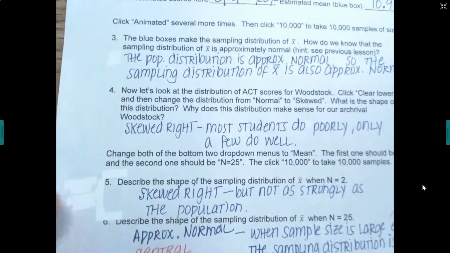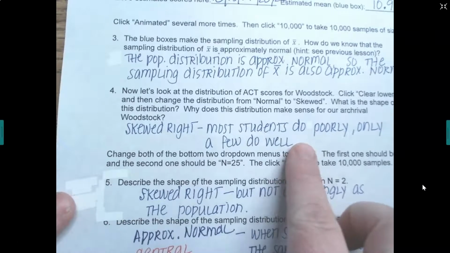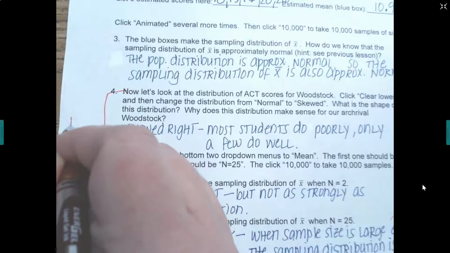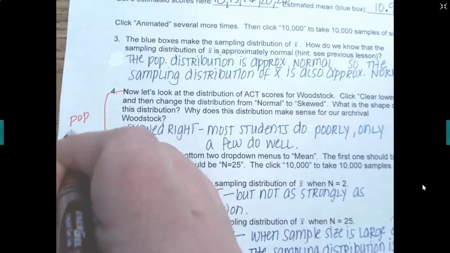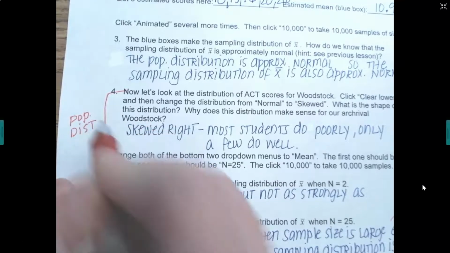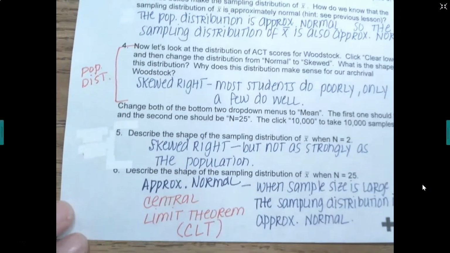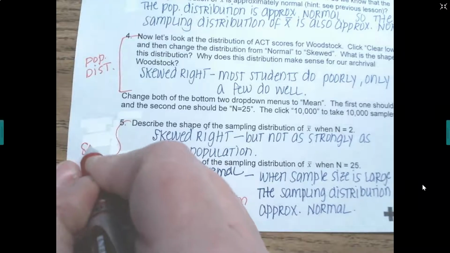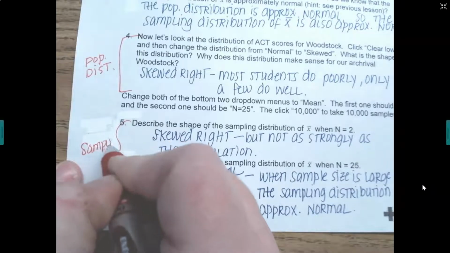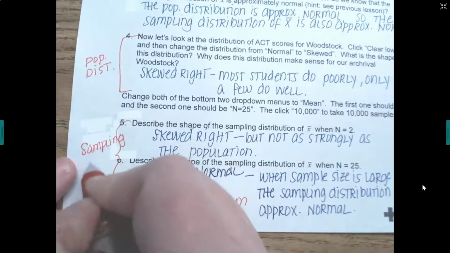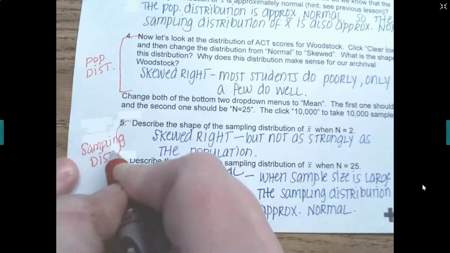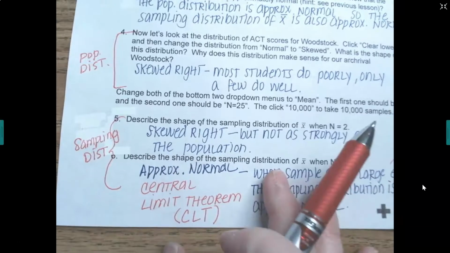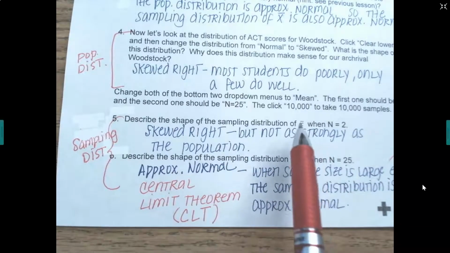Okay, so what we did is we started by looking at the population of Woodstock students that was skewed right. So this up here was our population distribution. And from that, we created two different sampling distributions. Both of these were sampling distributions because they represented a bunch of different samples. The question from number 5 represented a bunch of samples of size 2.